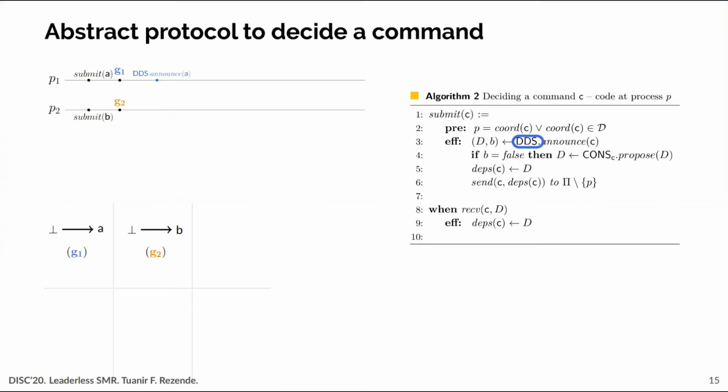And now there is a call to the DDS service. Process 1 announces command A, and process 2 announces command B. In this case, we consider that in replica 1, it returns the flag set to true, so the fast path was taken. And in the second case, for replica P2, the fast path was not taken.